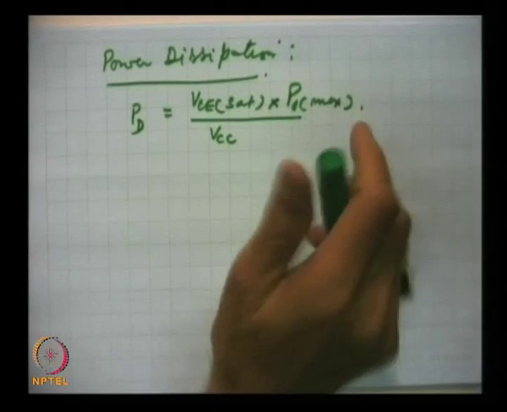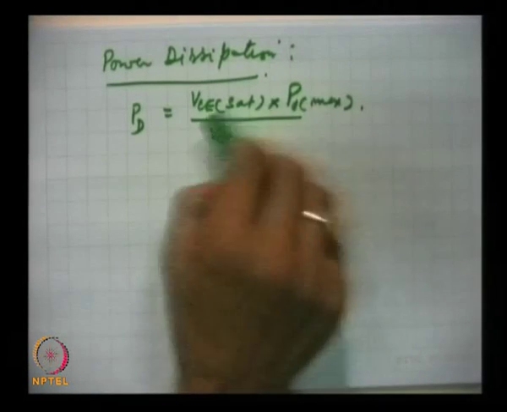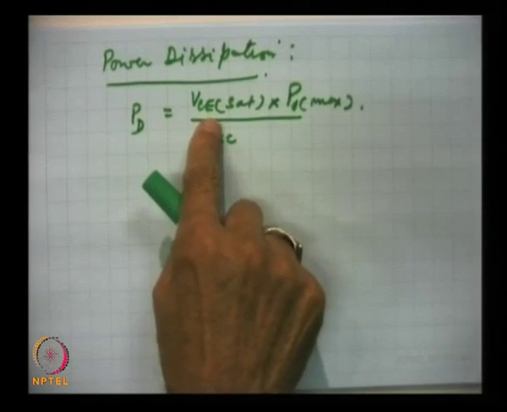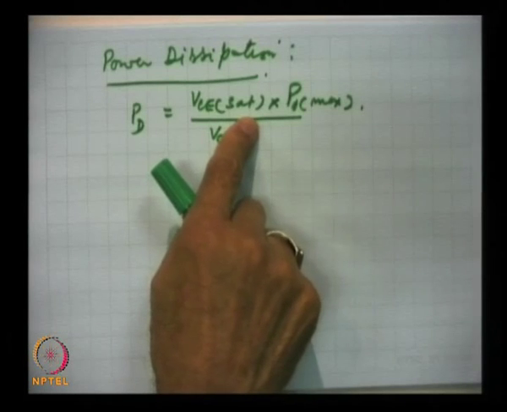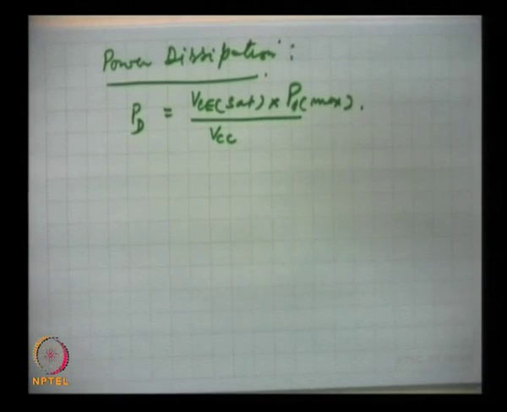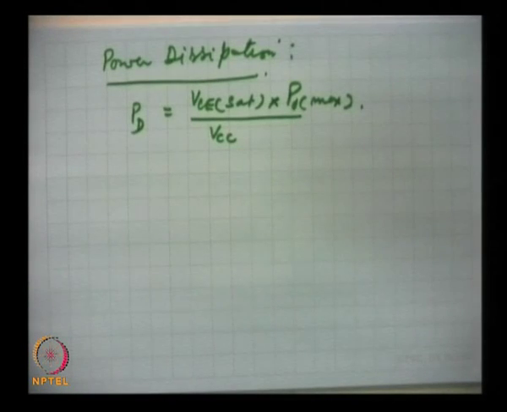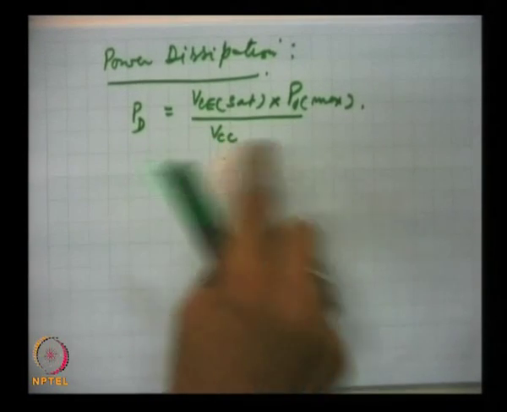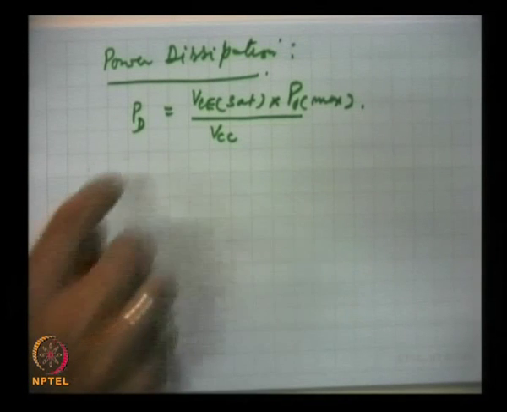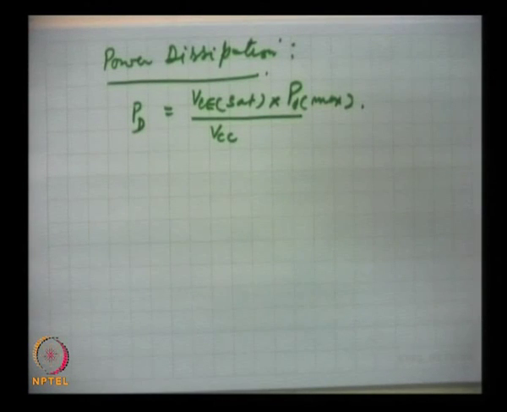This is also very small because V_CE(sat) is very small. But one can calculate it if we have the data for these voltages and this power, then power dissipation can be calculated.